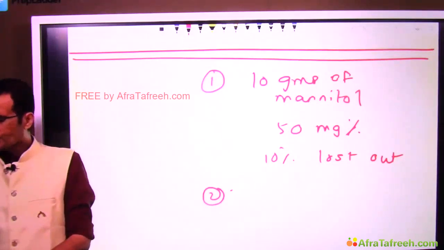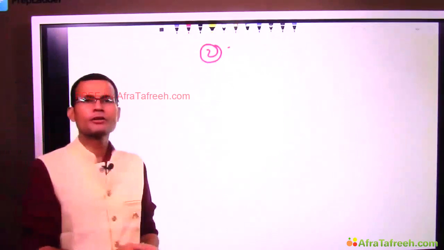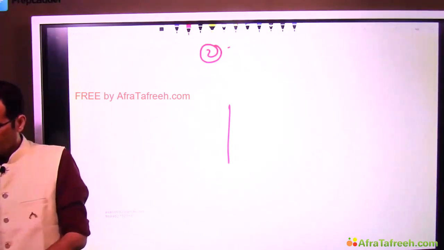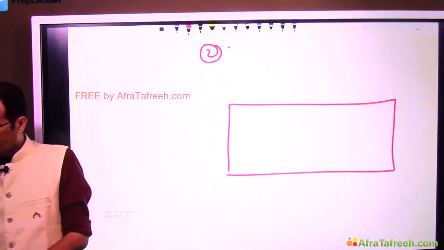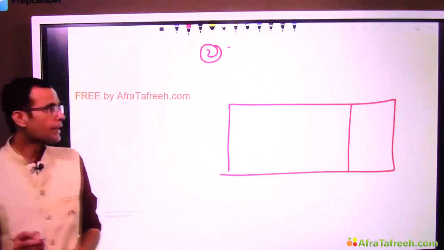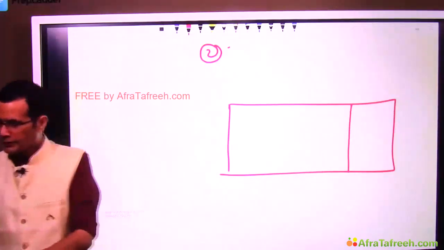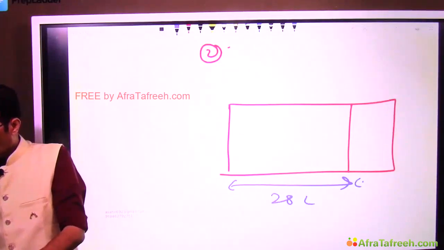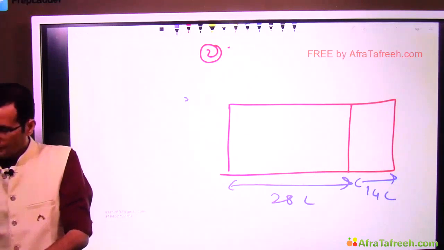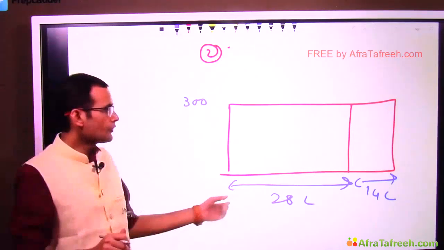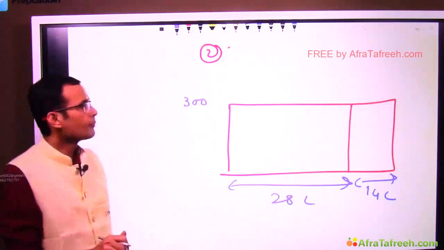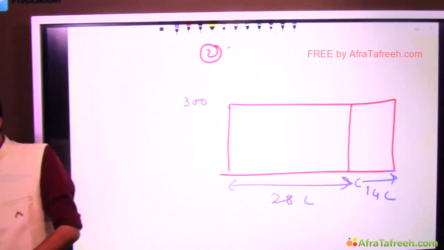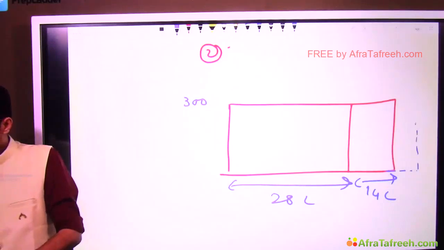Second question which can be asked from this particular section is an image-based question. They give you an image which depicts the body fluid compartments like this. They give the volumes of the ICF and ECF, and the disturbance is shown diagrammatically.